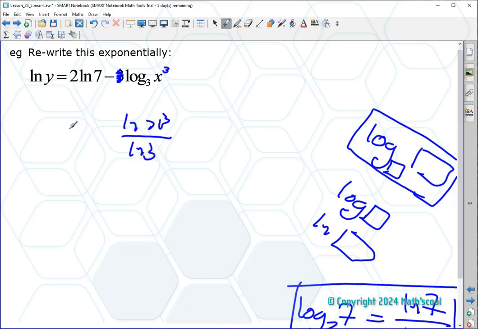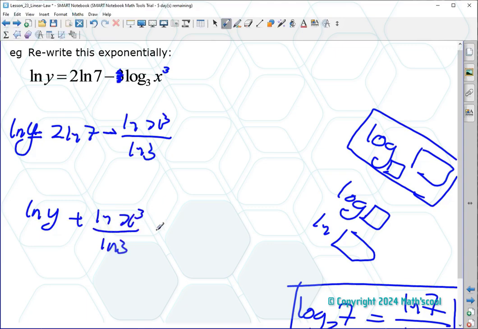Ln 3, yeah. And then would you bring it over to one side? Yeah, okay, so ln y plus ln x cubed over ln 3 minus 2 ln 7 equals 0.